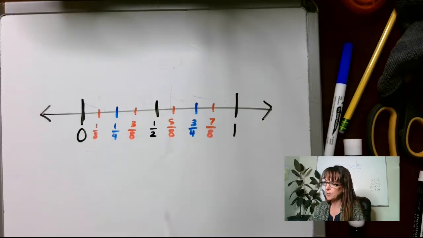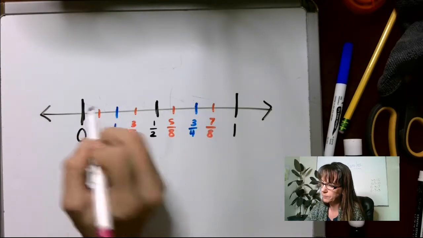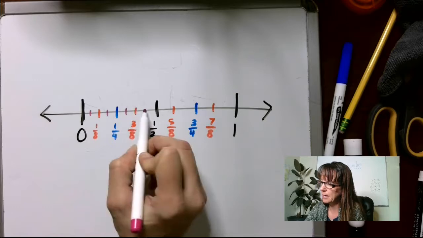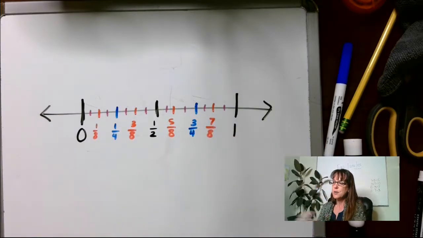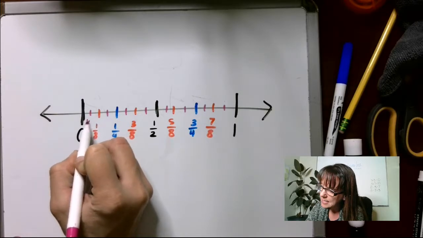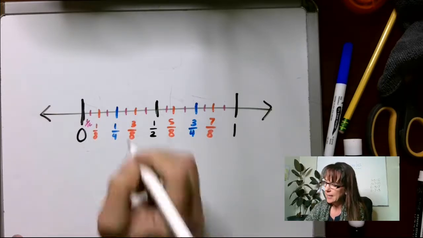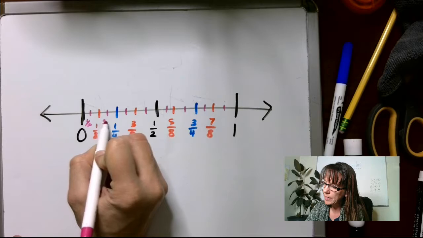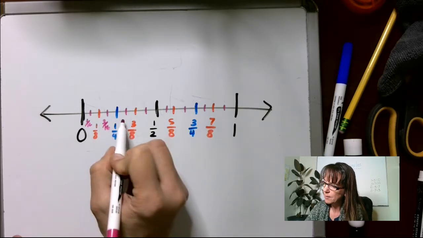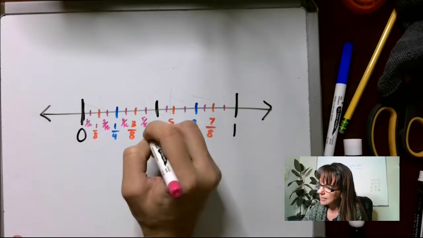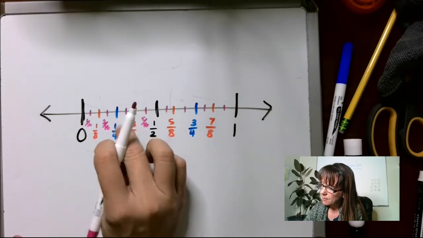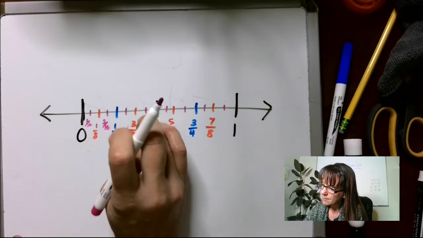So if you take a look here, this might be a little bit too close to the other guys, the red. So I'm cutting all my chunks in half. Now I have 1/16, and I have 2/16, 3/16, 4/16, 5/16. It's not 4/16, I'm sorry. Let's try that again.